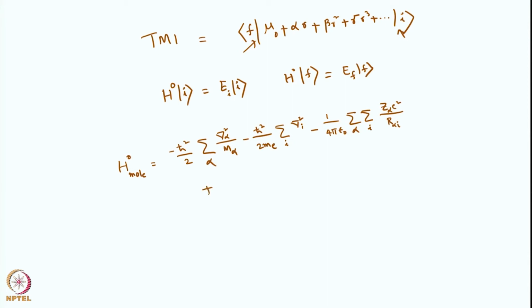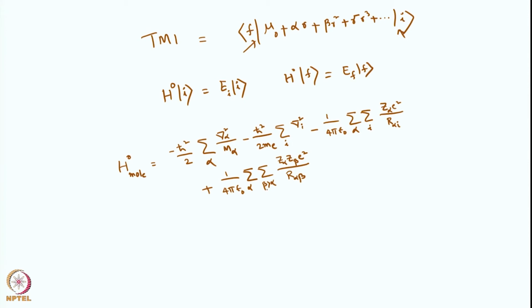Then you have the nuclear repulsion. So, that is plus 1 over 4 pi epsilon naught sum over alpha sum over beta greater than alpha z alpha z beta e square by r alpha beta, that is the nuclear repulsion, because alpha and beta are two nuclei and you do not want to count the repulsion between the same nucleus, that is why alpha is not equal to beta.